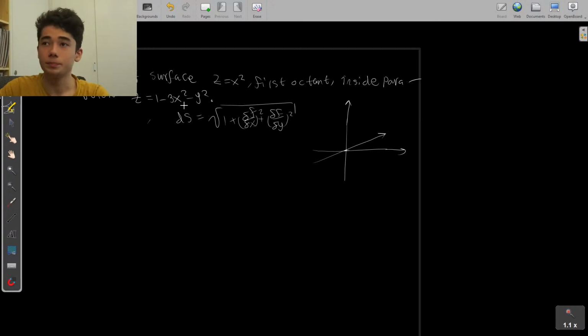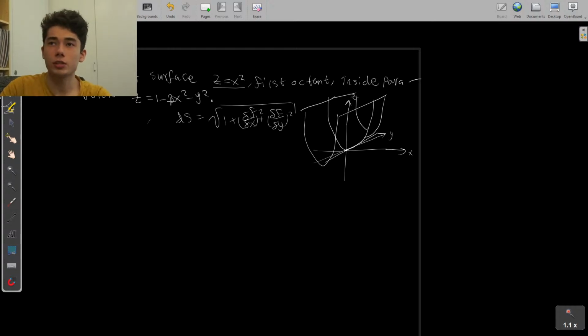So I think our first function here is some kind of, what do you call this? A hyperboloid? Something like this. And then our second function is another kind of hyperboloid. I'm not sure if we need to draw it. I think it's something like this.